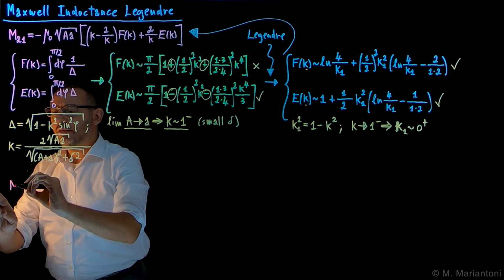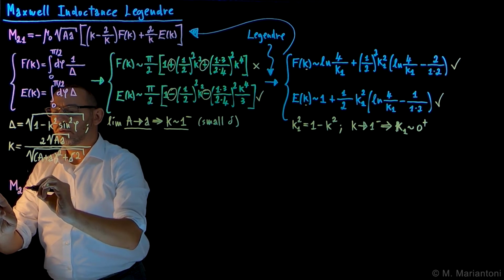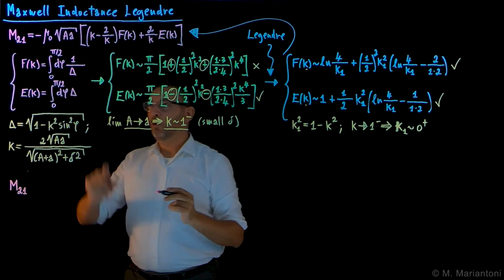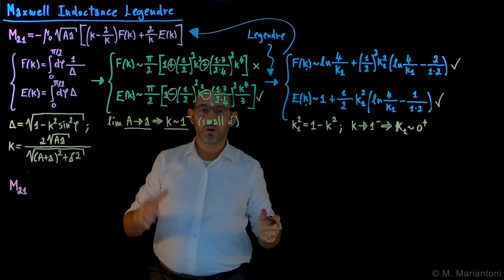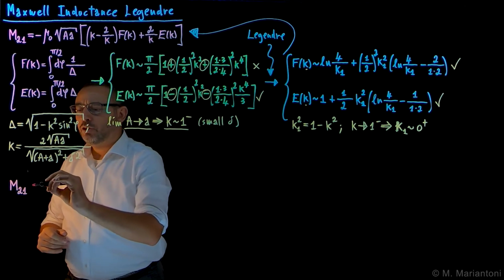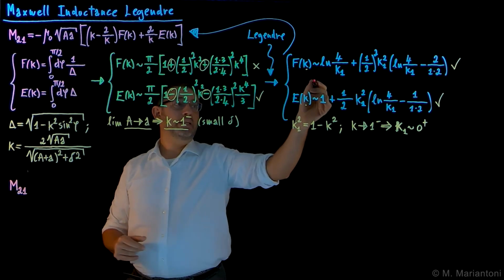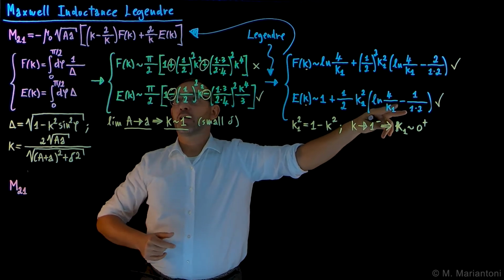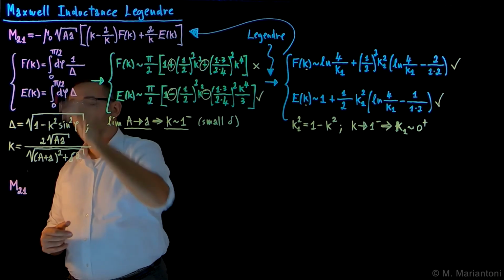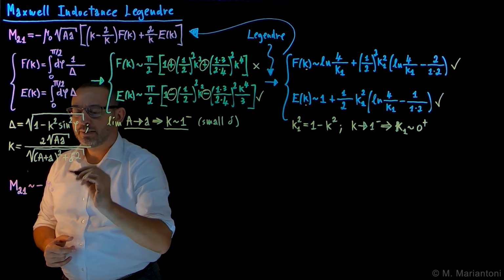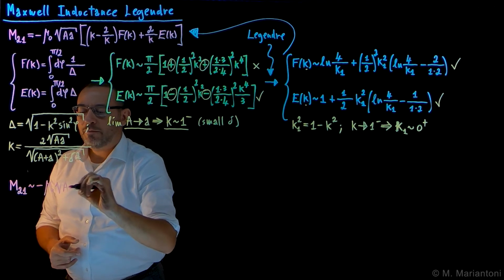So M21, and let's keep it still for A and A different. In the next video, we're going to go to this limit, so that M21 becomes L, the self-inductance. Now we need to say it is approximately equal, because f and e will be approximated up to these terms by these functions. So it's not equal anymore, it's approximately equal to minus mu naught, still mutual, instead of self, A.